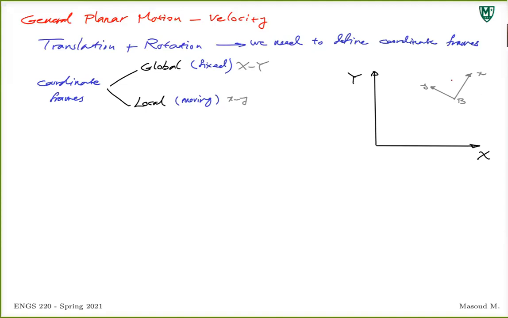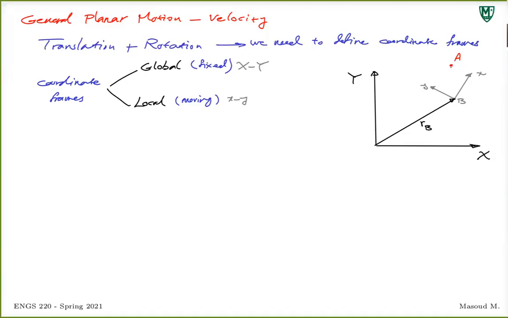So I'm going to study a point. Let's say this is point A on the rigid body. Here is a bunch of vectors I defined. The position of the origin of your local frame I'll call RB.